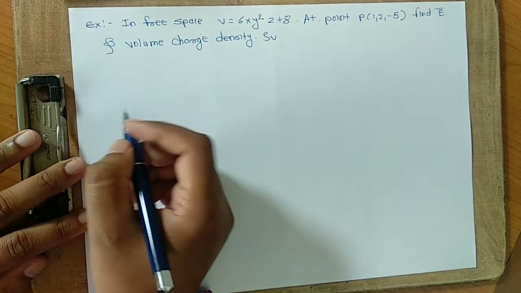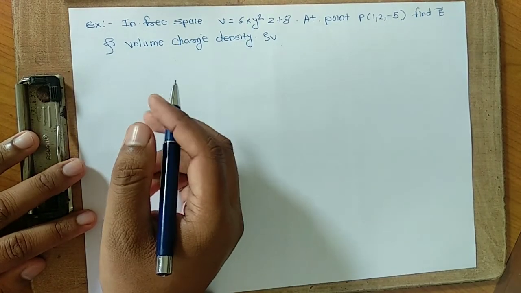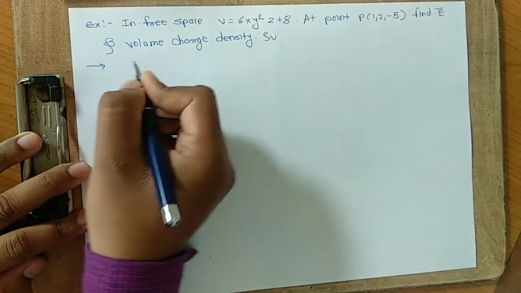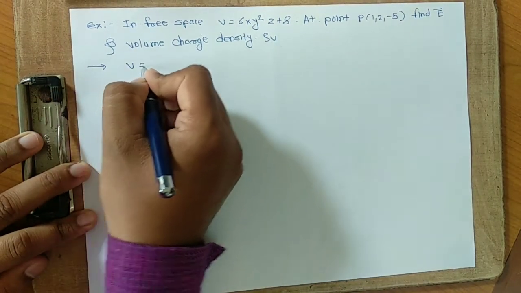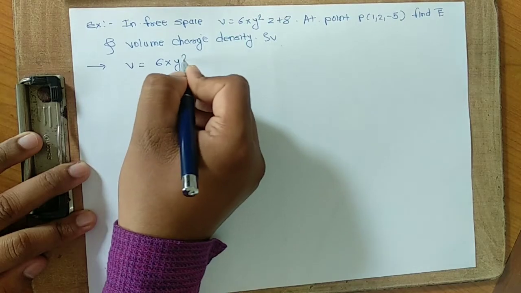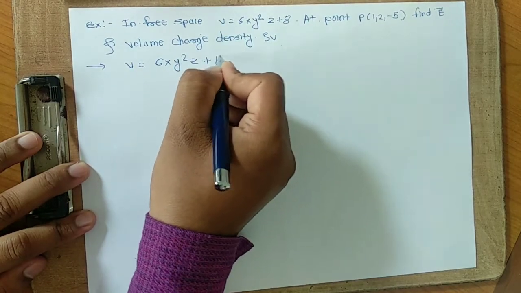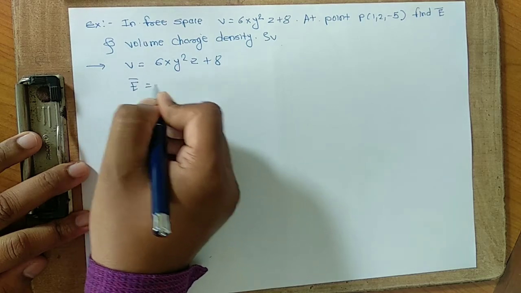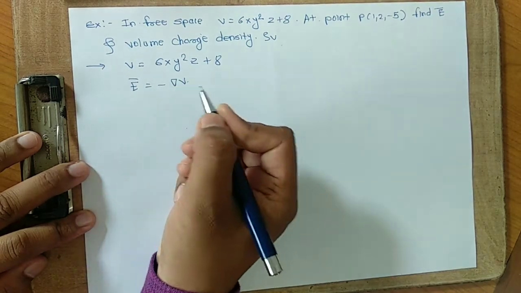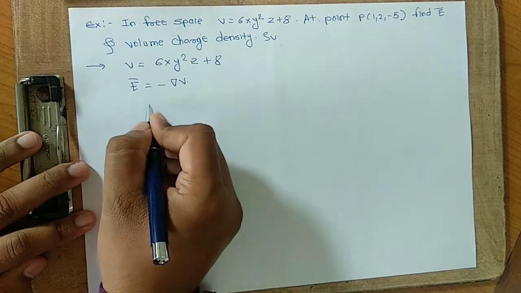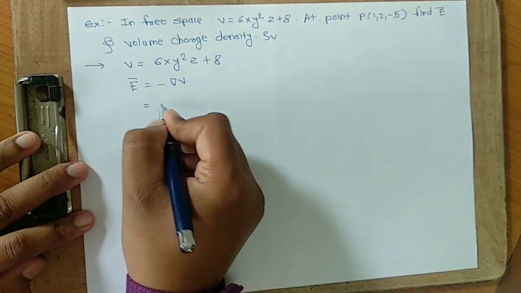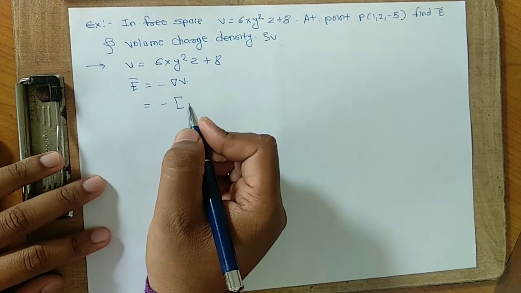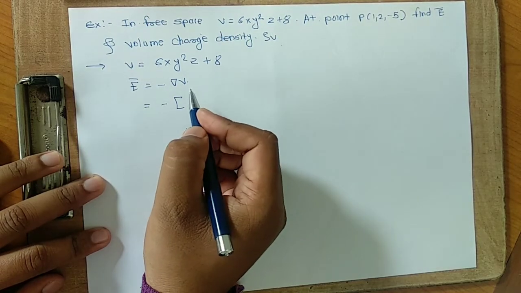I have given the relation between E bar and del V, so I will use that relation. First of all, I will write what they have given. V is equal to 6xy²z plus 8, and our relation is E bar equal to minus del V. Now think about which coordinate system to write del V in.